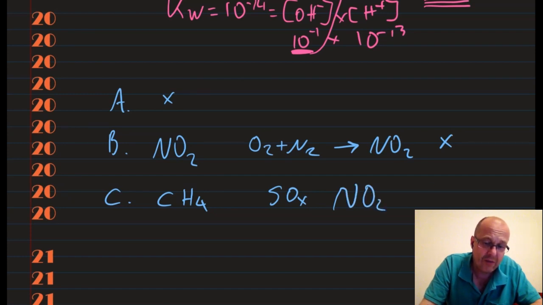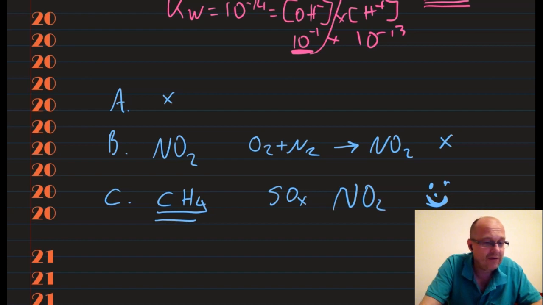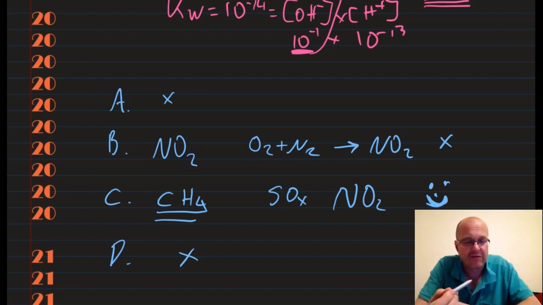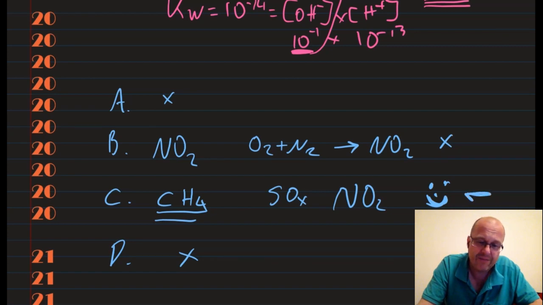So that's the answer they want, even though it's still wrong, because when you burn methane, you're burning it in air and you still get nitrous oxides. Pretty sure that's true. And D, volcanic eruptions. Oh, that's wrong. There's definitely sulfur coming out of those plumes of sulfur. So the best answer, not the right answer, the best answer is C, even though that does produce a few nitrous oxides.